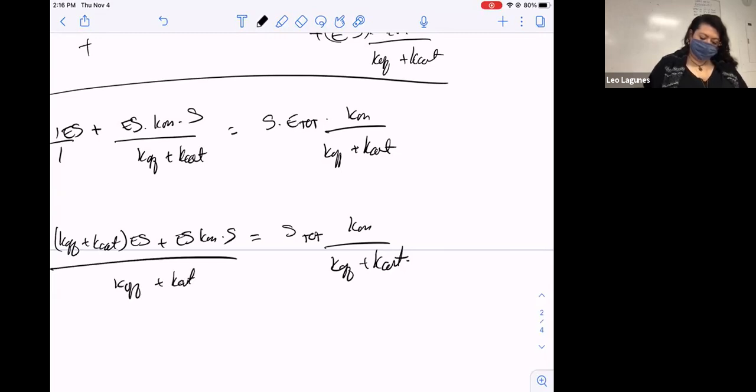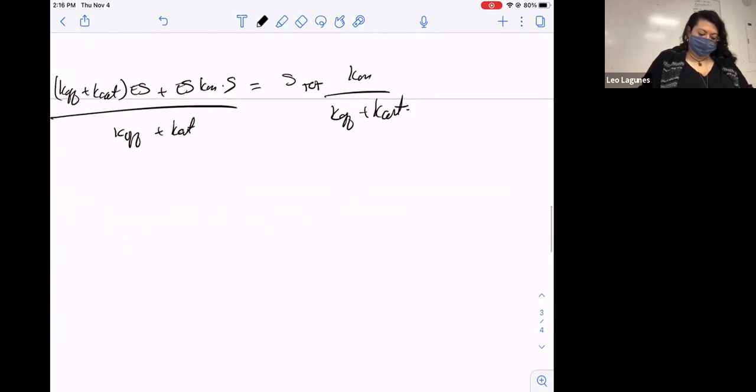I feel like I went the long way about this, but that's okay. We're close though. So if we want to simplify, what does this simplify to? Oh, I forgot the S over here. We should probably get the S's together.